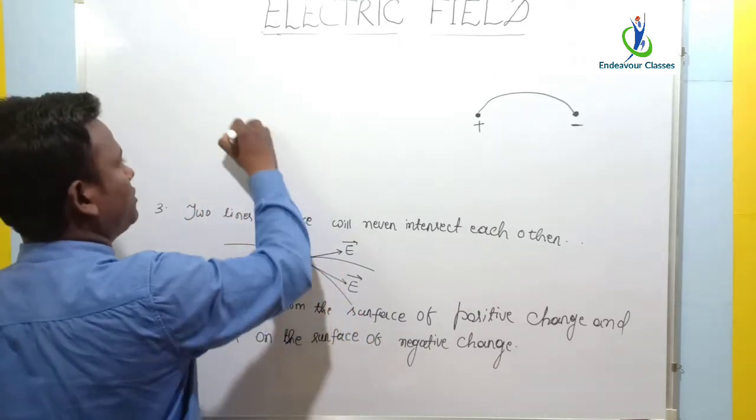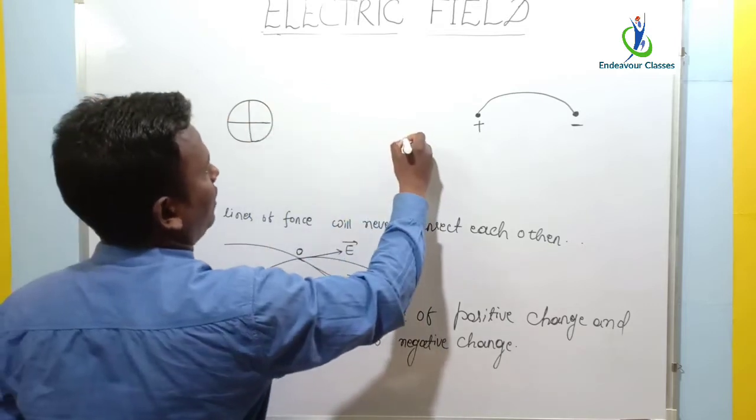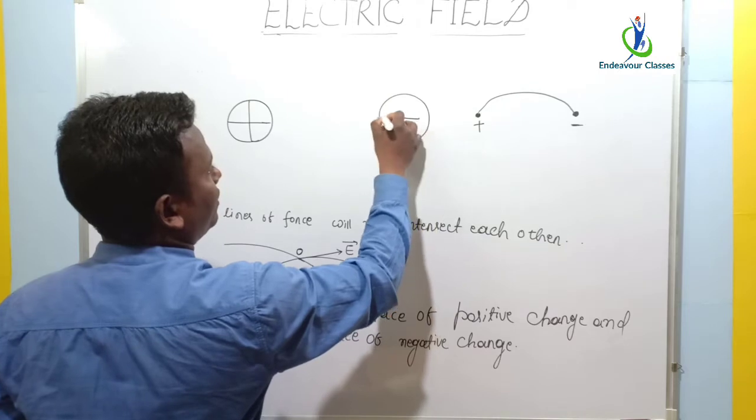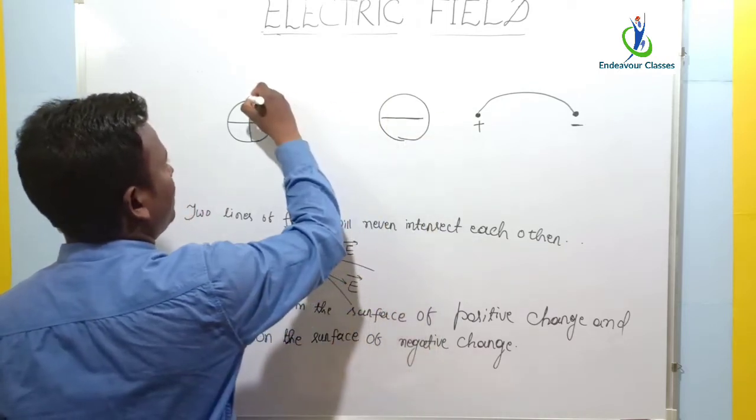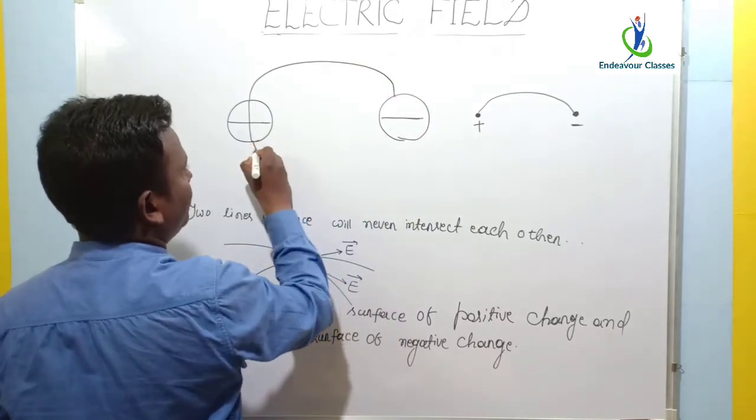So let us draw it elaborately, suppose this is a positive charge and this is a negative charge. You will see that the electric lines of force start from the surface of a positive charge and end on the surface of a negative charge.